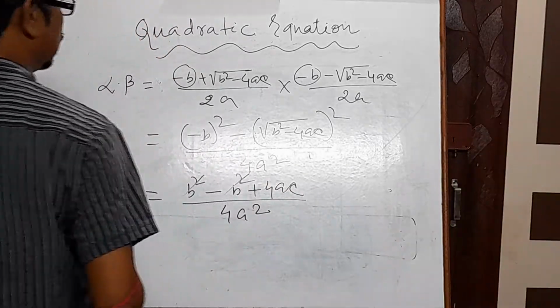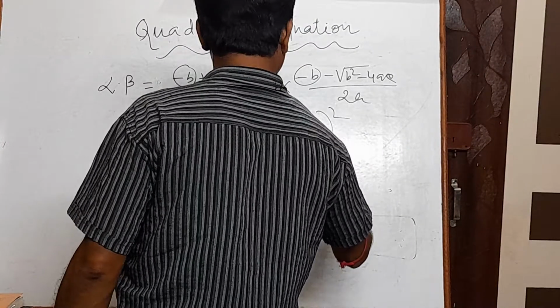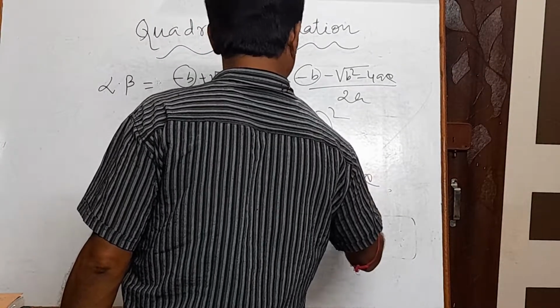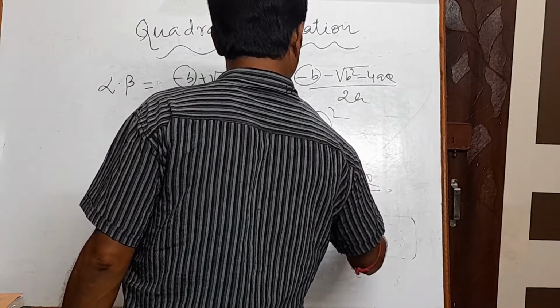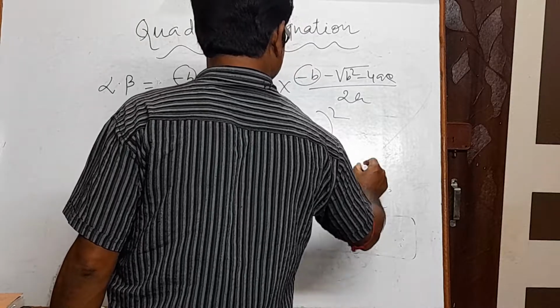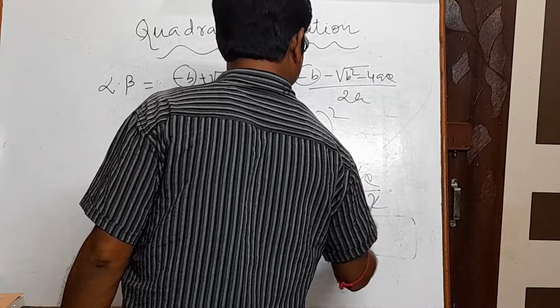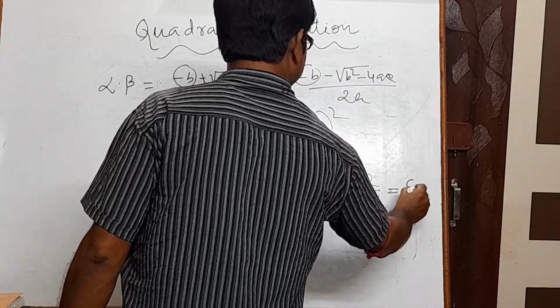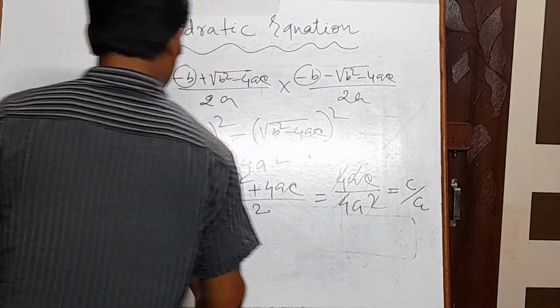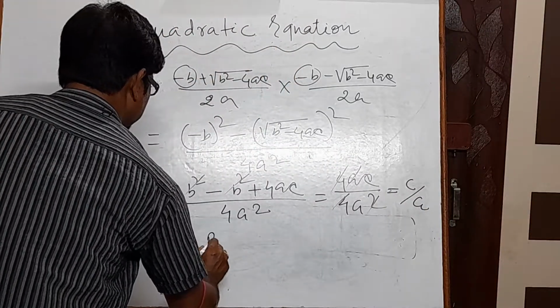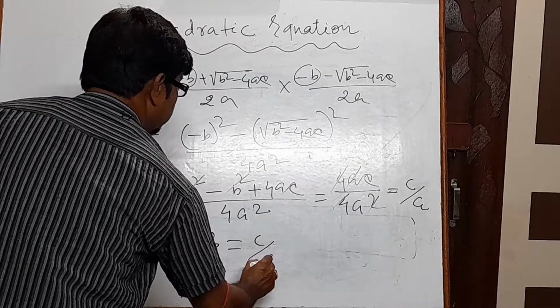B square cancelled. Now this will be 4ac by 4a square. 4 cancel, a will be cancelled, and this will be c by a. So the product of the roots, that is alpha into beta, will be equal to c by a.